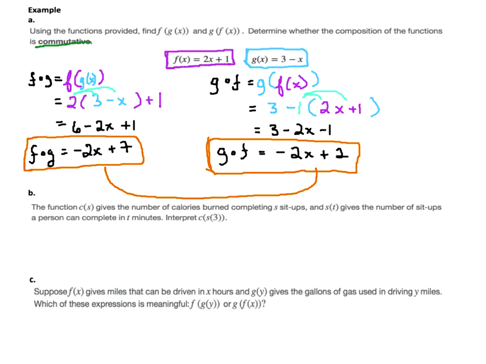Multiplication, for example, is commutative. 2 times 3 is the same thing as 3 times 2. They're both 6. You can commute the factors and end up with the same product. Composition is obviously not commutative because we've ended up with 2 different expressions here. So, not commutative.